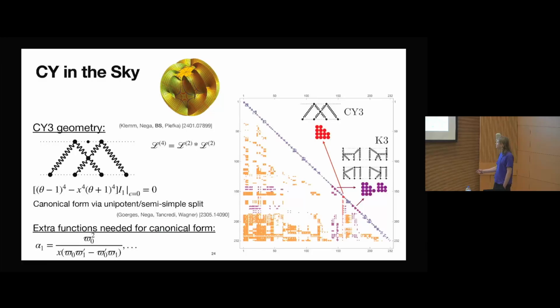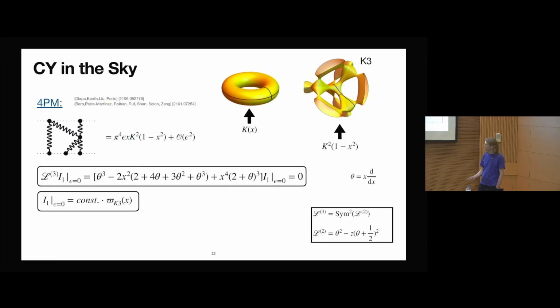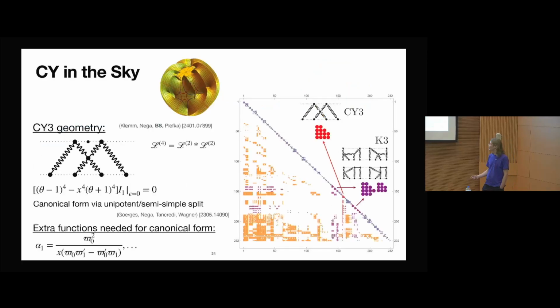And interestingly, we cannot write it as a symmetric square, but we can still connect it with the same second order operator which appeared in the K3 case, just in this case as a Hadamard product.